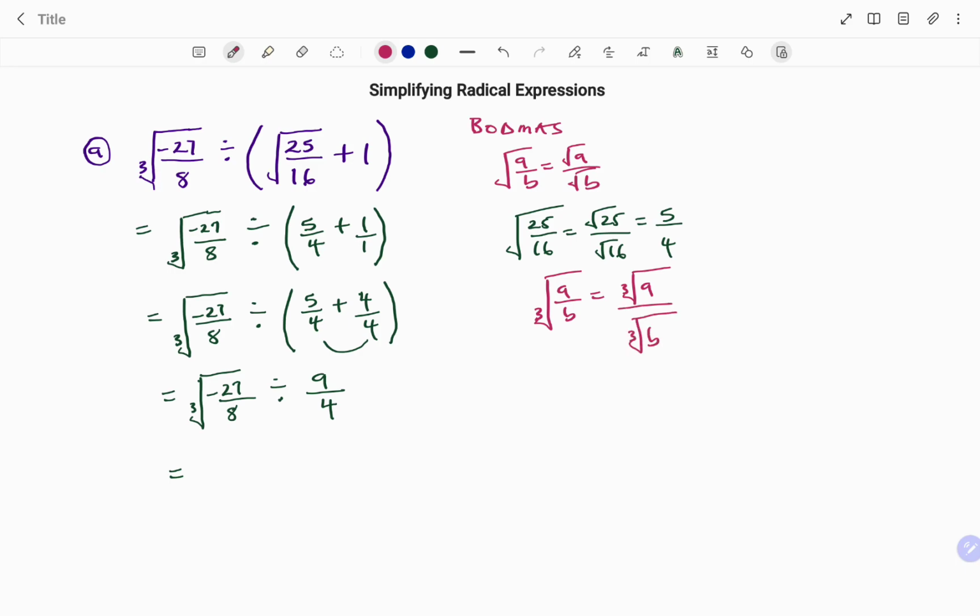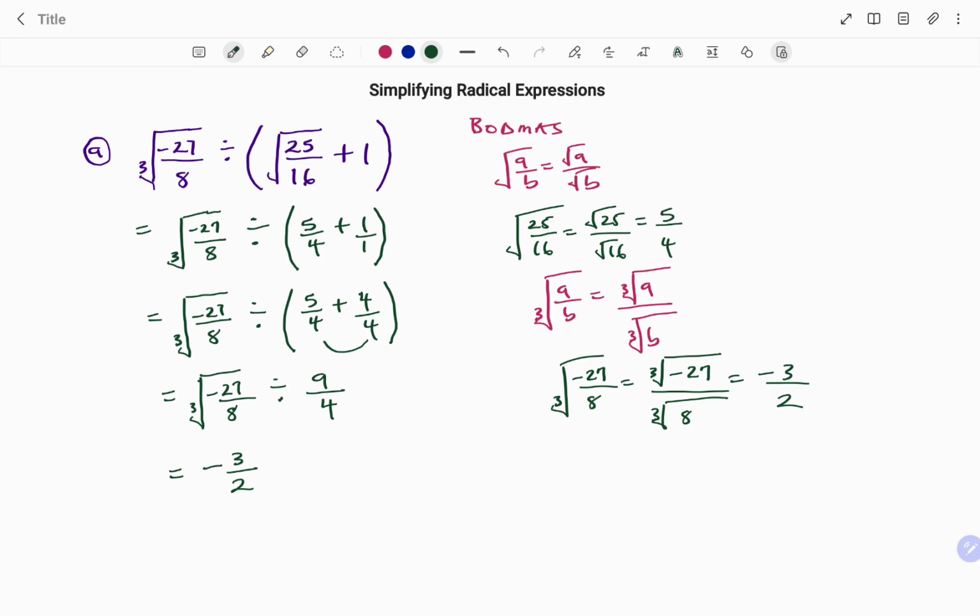So separating, cube root of minus 27 over 8 is the same as cube root of minus 27 over cube root of 8, and that will give me minus 3 over 2. So if I put that back, I have minus 3 over 2.